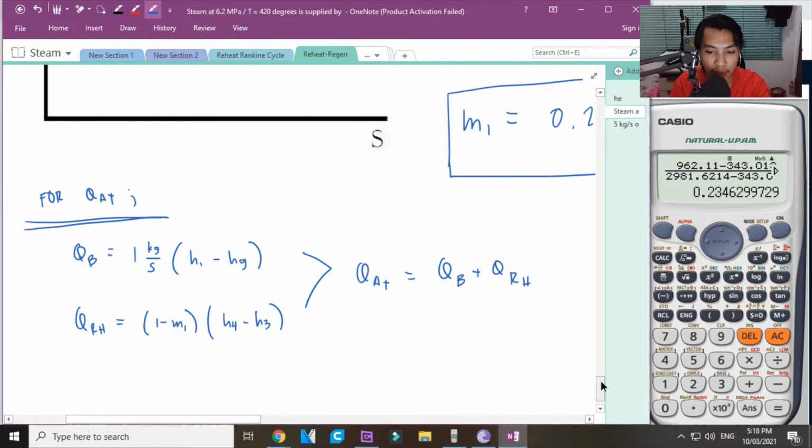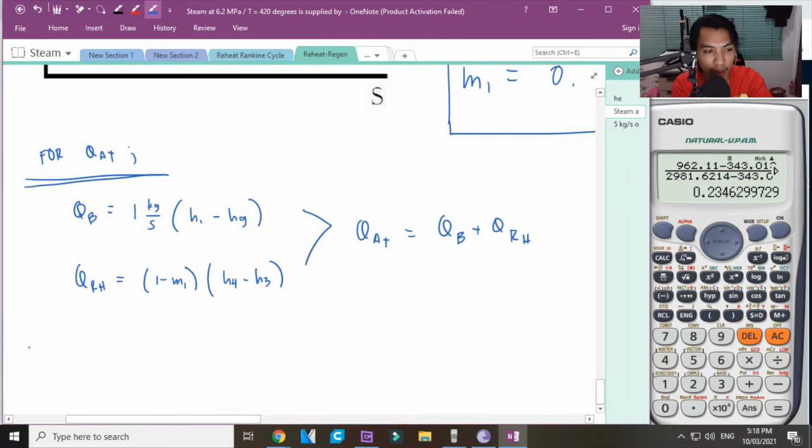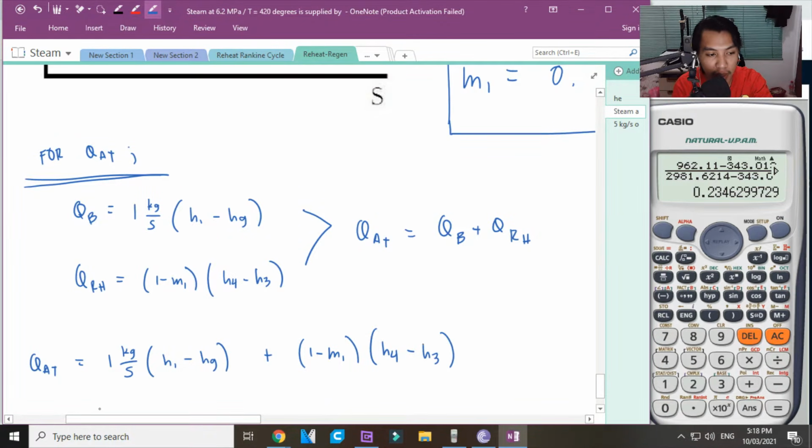Oh, we will solve now. Okay? That is QA total. Oh, 1 kilogram per second multiplied to H1 minus H9 plus 1 minus M1. Huwag mo na simplify. H4 minus H3. Sama-sama mo na lahat. Oh, 1 kilogram per second.